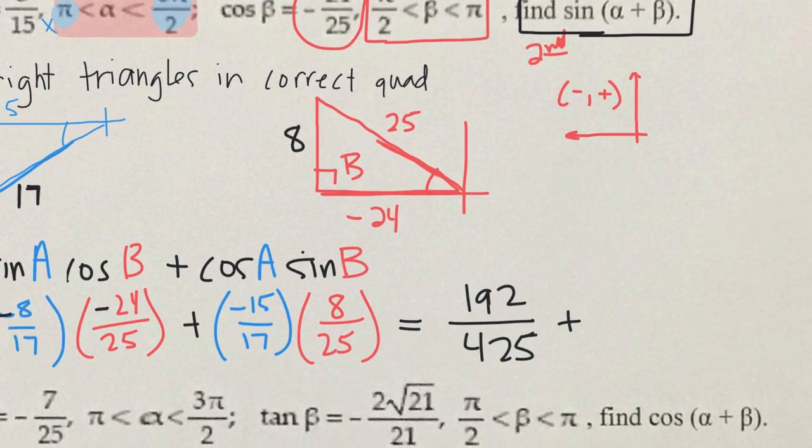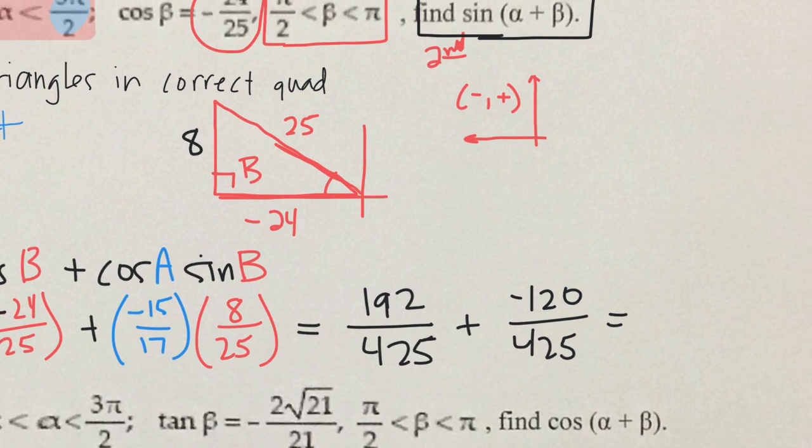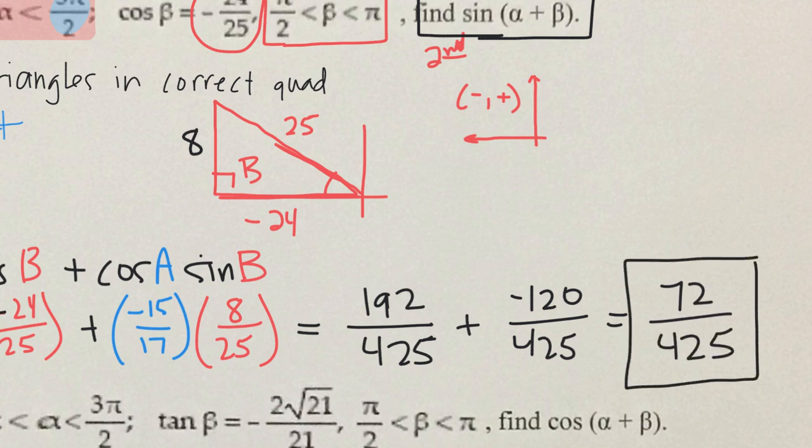Plus negative 15 times 8 is negative 120 over 425. They should always have the same denominators. If not, that means you did something amiss in there. So then 192 minus 120 is 72 over 425, and that is your answer.